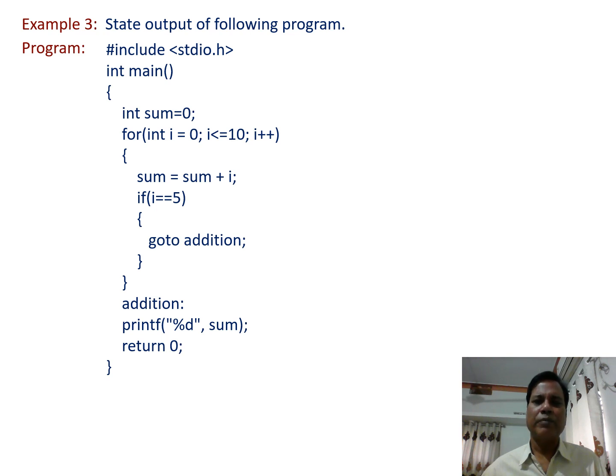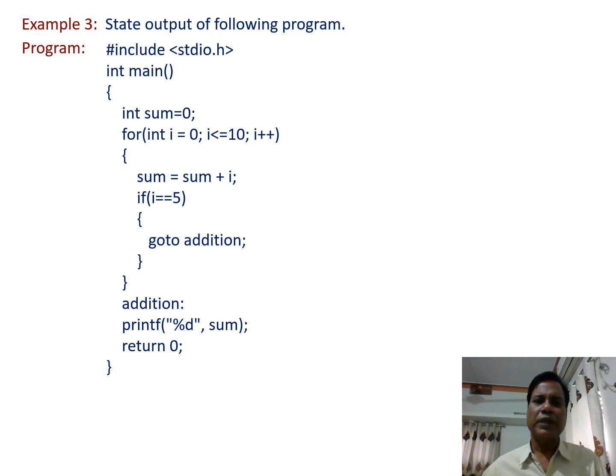So the body of the if statement is skipped off and again the value of i is incremented. So this time the value of i becomes 2. Again for 2 the condition is true. So in this way the value of i is incremented and that value is added to the previous sum.